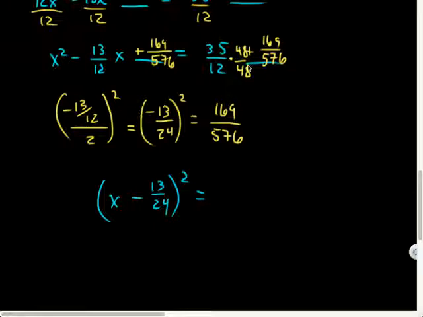Why 48? Because 12 goes into 576 48 times. So that would give me 35 times 48 is 1680, over 576, plus 169 over 576. Add those together, and you get 1849.